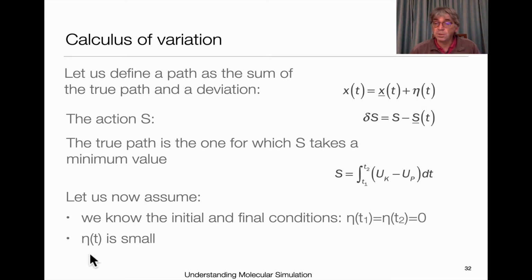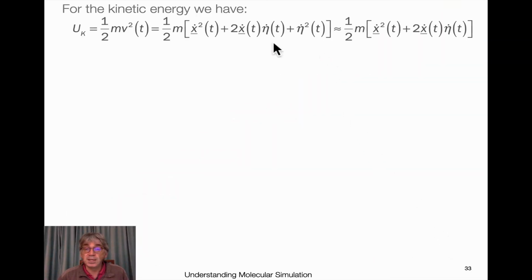And what we are also going to assume is that we have a good guess of the true path. So this is a relatively small perturbation of the true path. We basically look at small variations around the true path. Okay, so if we now look at the kinetic energy, we substitute this expression for x dot, the time derivative, and you see we include the path and the true path.